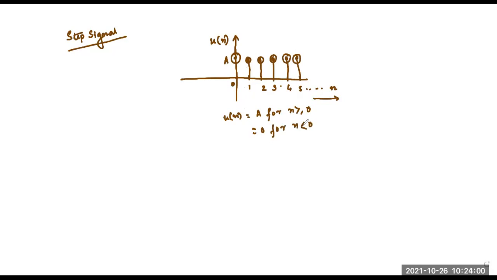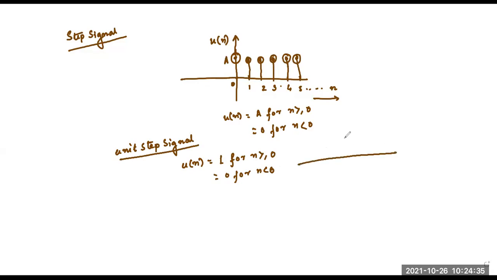Now for the unit step signal, as the name specifies, unit, that means this A will be changed into 1. So u(n) will be 1 for n greater than or equal to 0, and equals 0 for n less than 0.